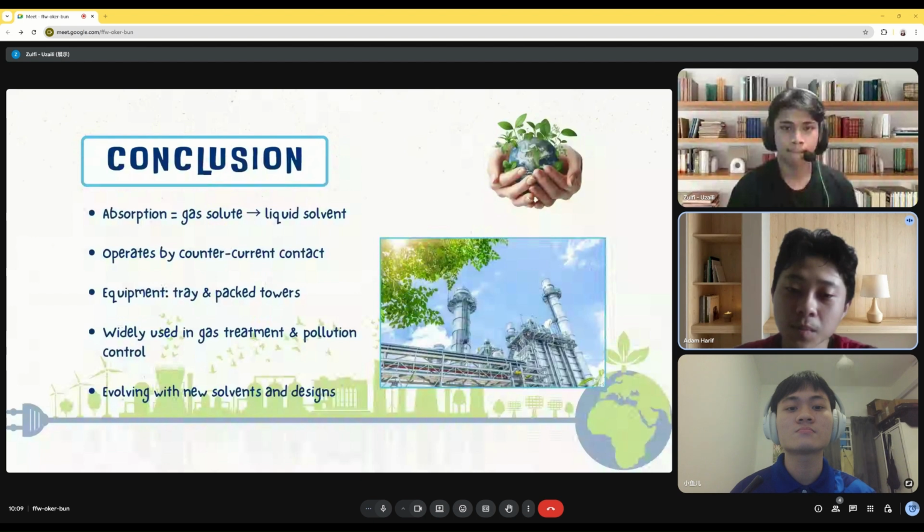This process plays a major role in industries that deal with gas treatment and pollution control, helping reduce harmful emissions and recover valuable compounds. And with the latest advancements like structured packing, new solvents, and better design models, absorption continues to evolve, becoming more efficient and sustainable for modern industry.